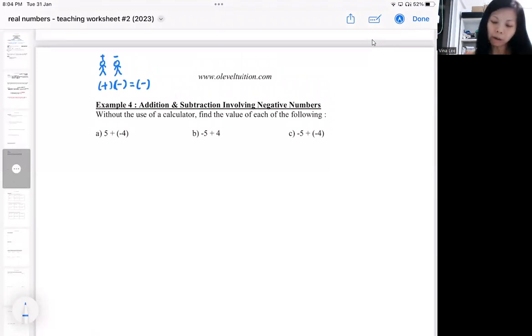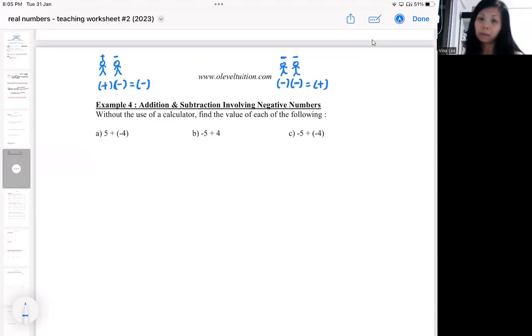Okay, and I also train my brain to relate negative and negative. So when two negative numbers meet, they will become positive. So two negative persons, they kind of cheer each other up and they become positive.